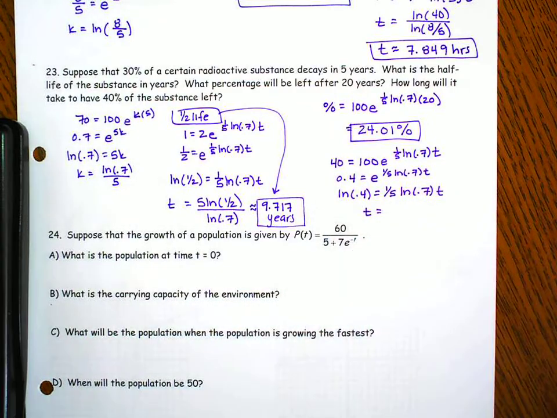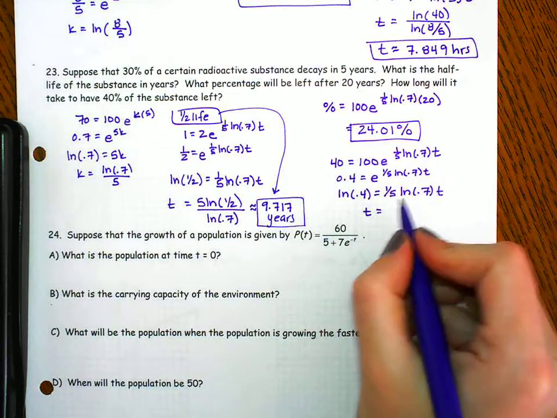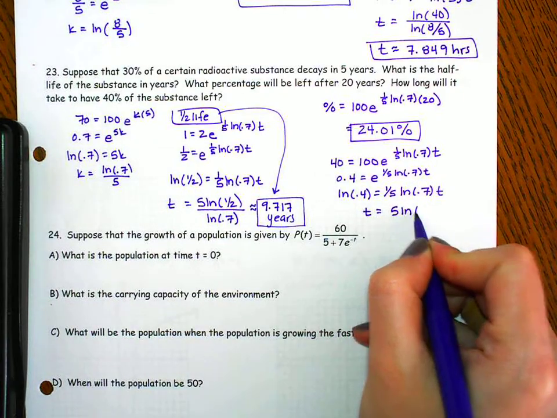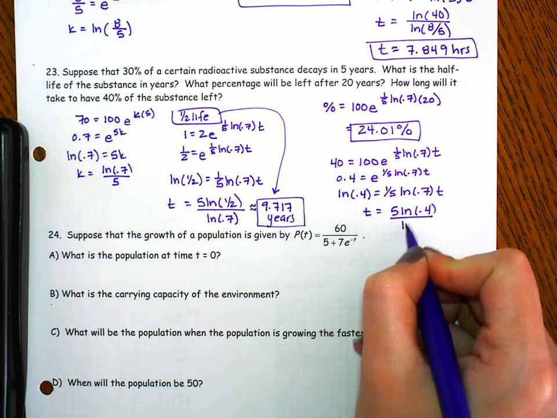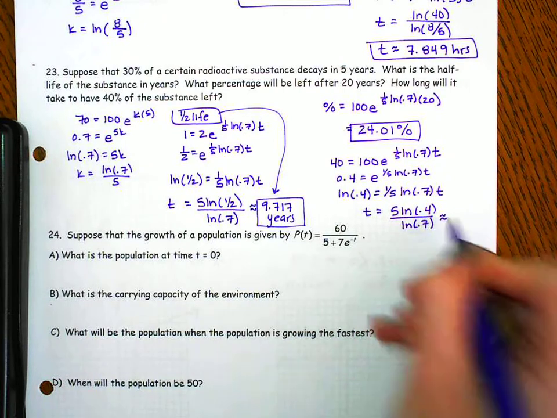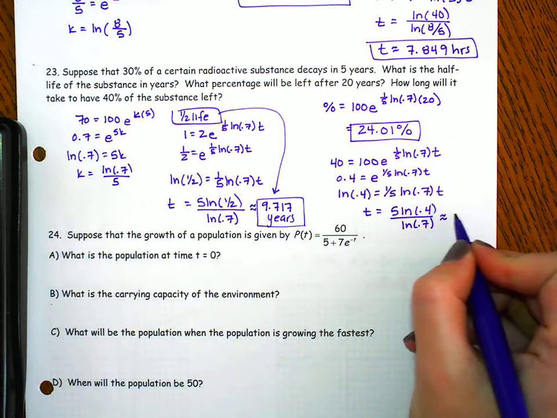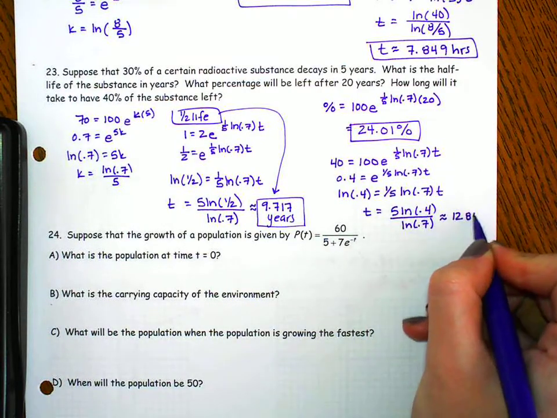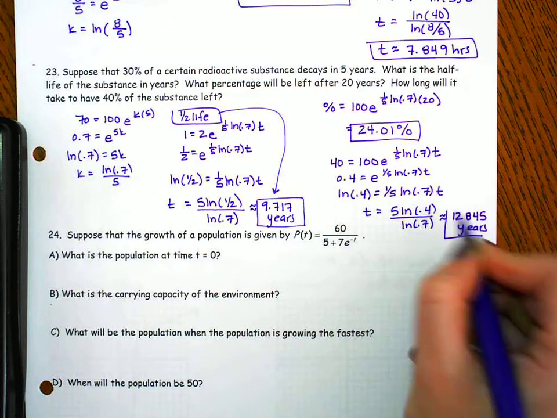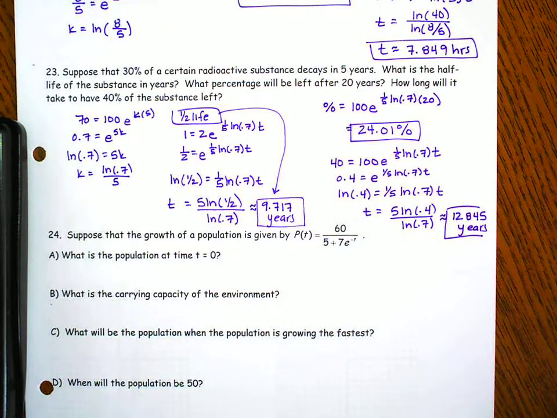Now I want to get t by itself. That's what we get. I got approximately 12.845. So there are our answers to that one.